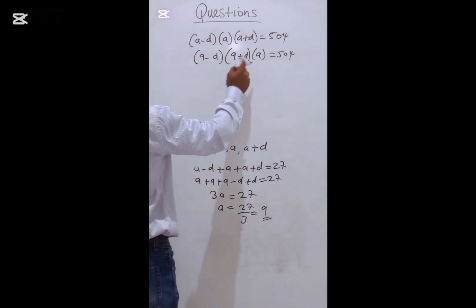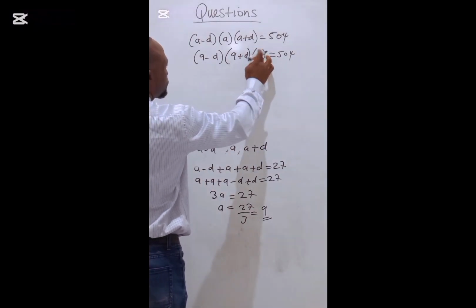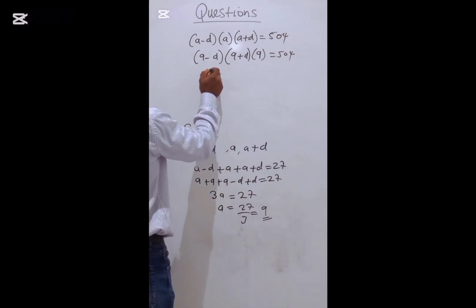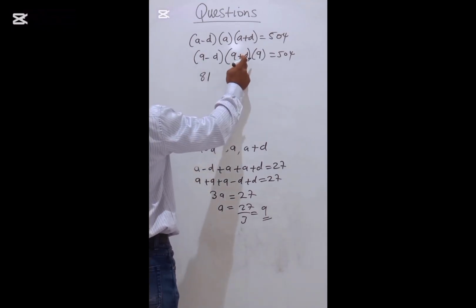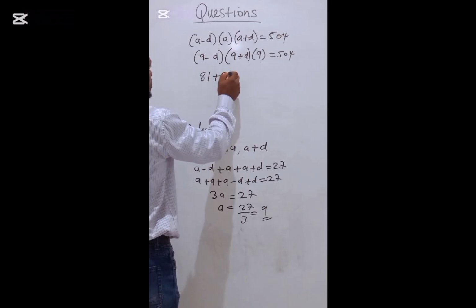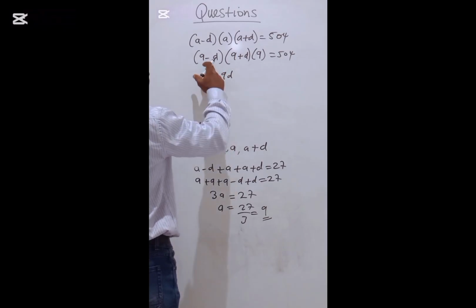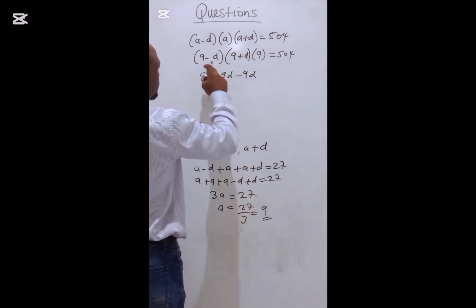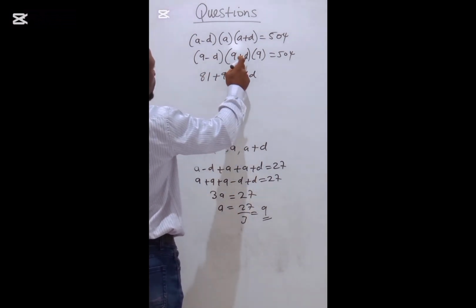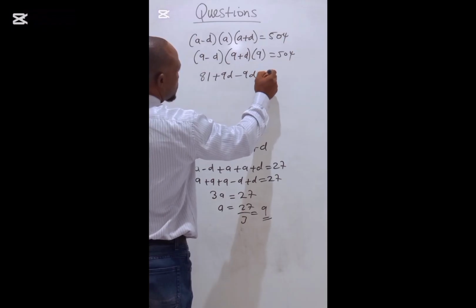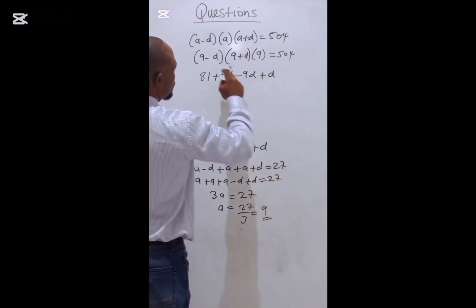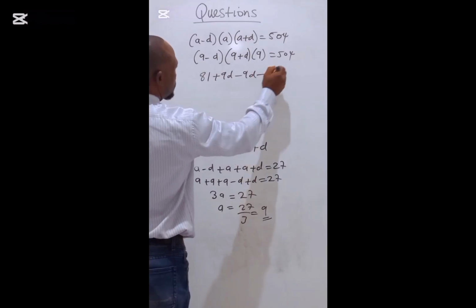So if we multiply through, this is going to be 9 times 9, 81. 9 times plus D is plus 9D. 9 times minus D is minus 9D. Minus D multiplied by plus D is equal to minus D squared.